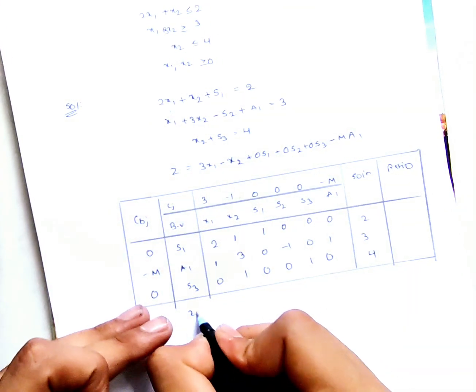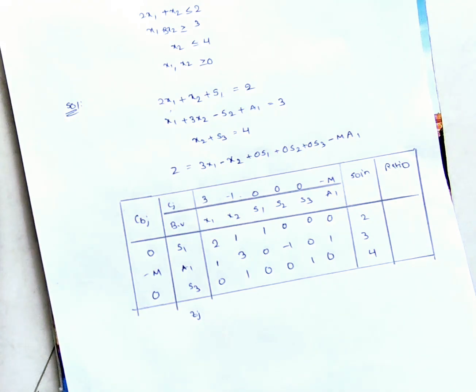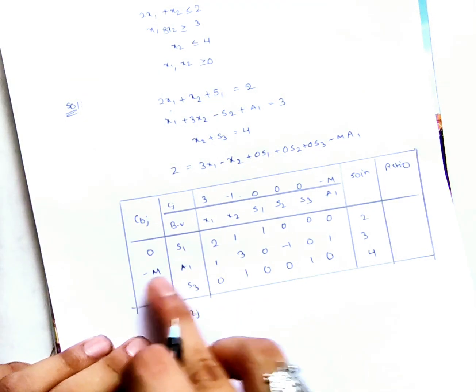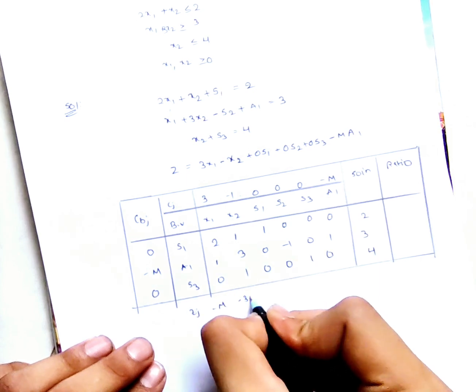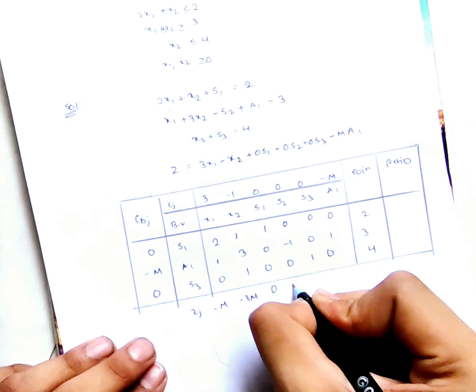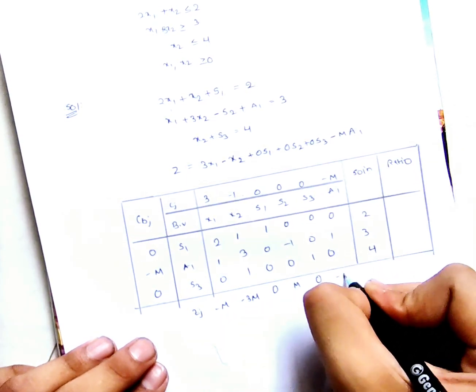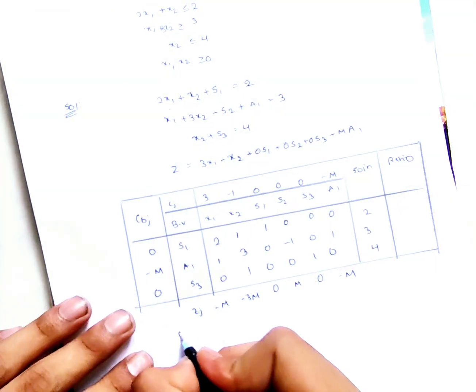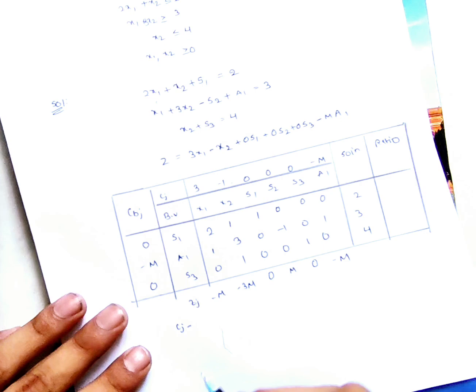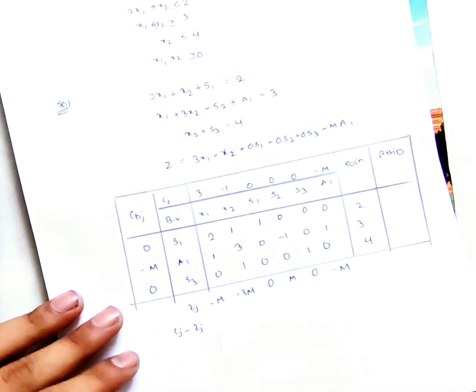Now write the Zj value: 0 into 2 plus minus M into 1 plus 0, which gives minus M, minus 3M, 0, M, 0, minus M. If you don't know how I wrote these values, you can check the previous videos on the simplex method and two-phase simplex method, where I clearly explained how to do them.